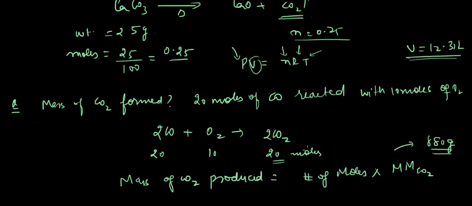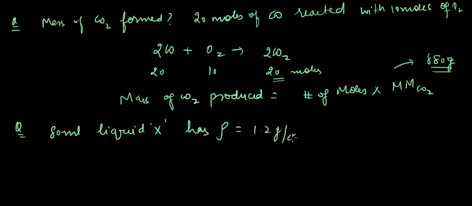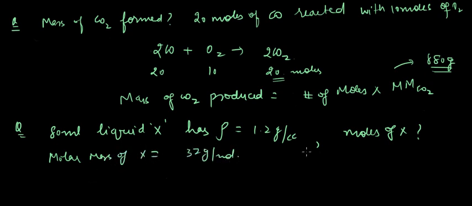Next, let's move on to the next question: if 80 ml of liquid X has density rho as 1.2 gram per cc, then let's calculate the moles of X. We have been given that the molar mass of X is 32 gram per mole.